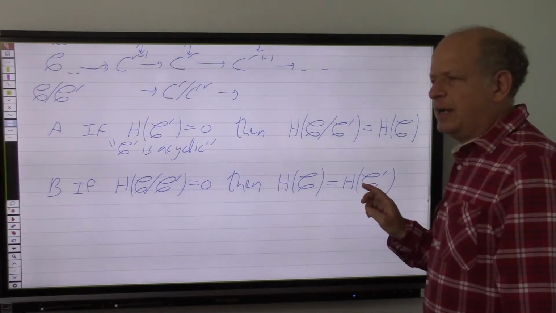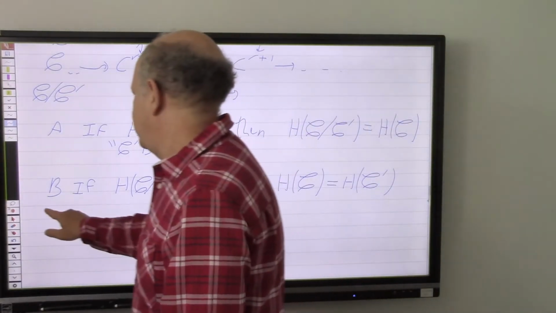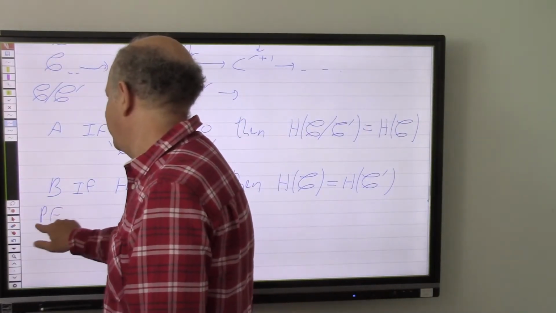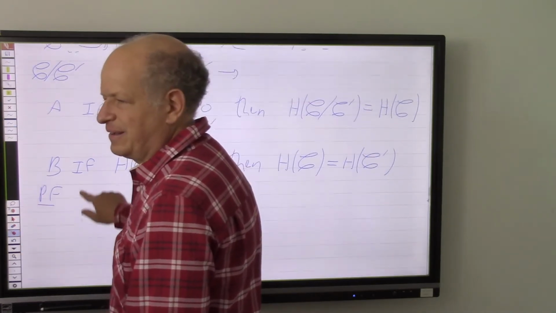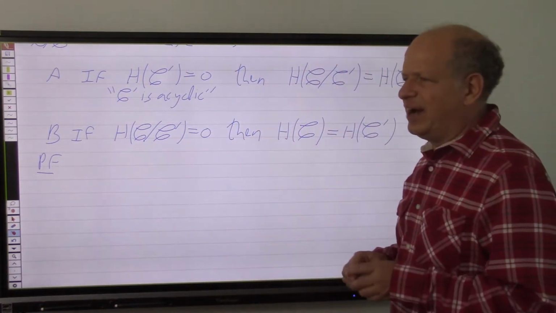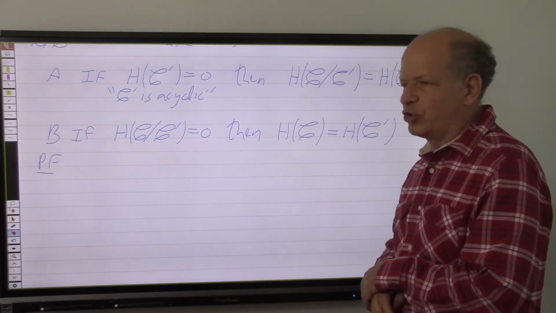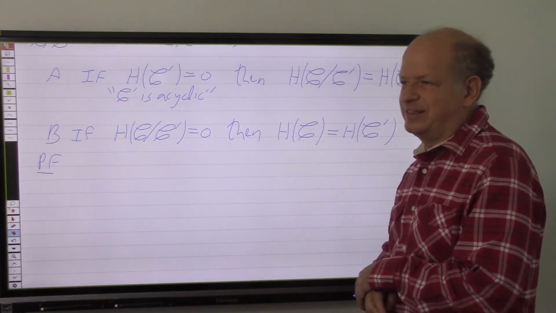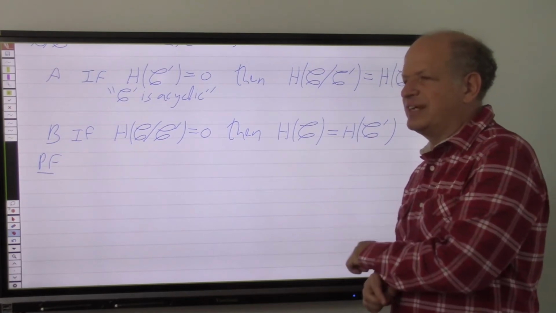So can somebody give me a quick proof? You just look at the long exact sequence of chain complexes from here to here. Exactly. So, question, how many of you have seen the long exact sequence of a short exact sequence?